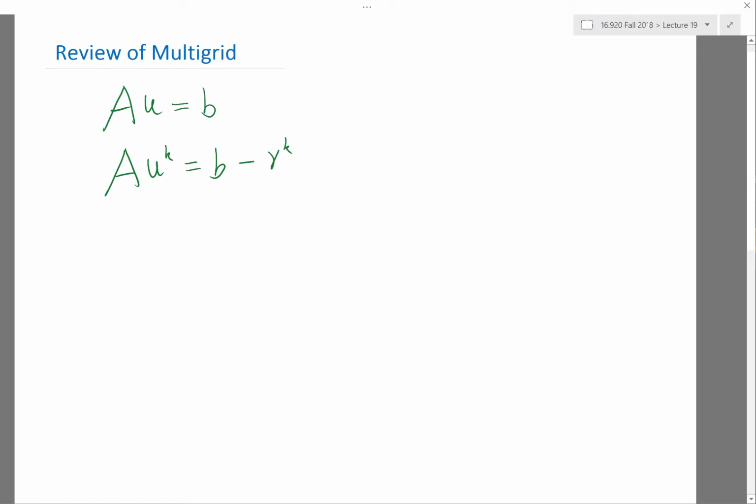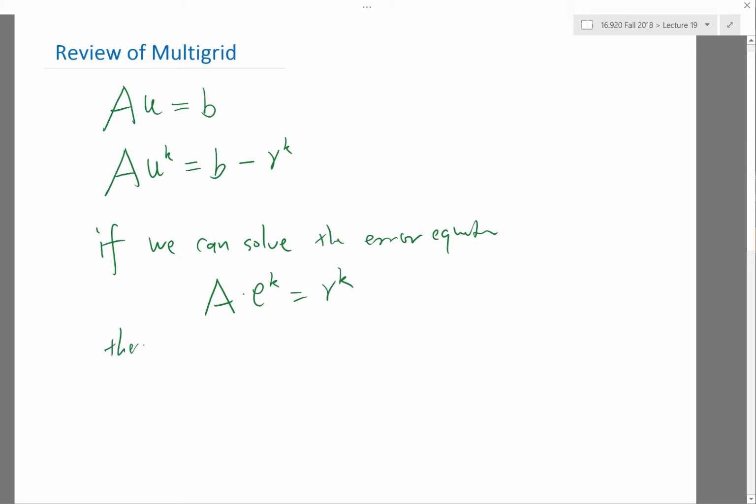Okay, and if we can solve the error equation, which is A times EK equal to RK, then we can correct the solution.